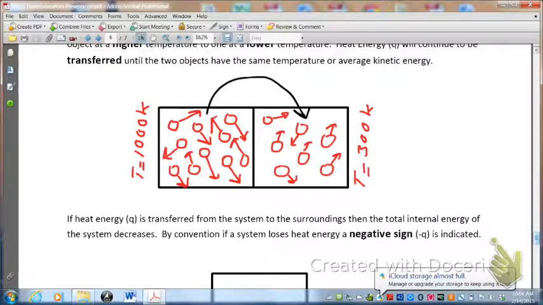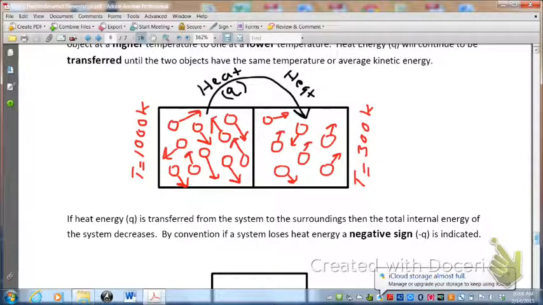All right, so heat energy is always moving from the hot object to the cold object. And we can use the symbol Q to represent heat energy as it's being transferred.